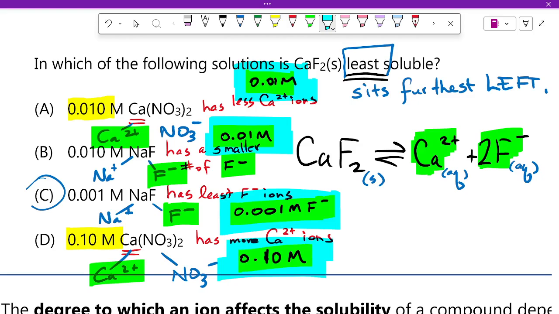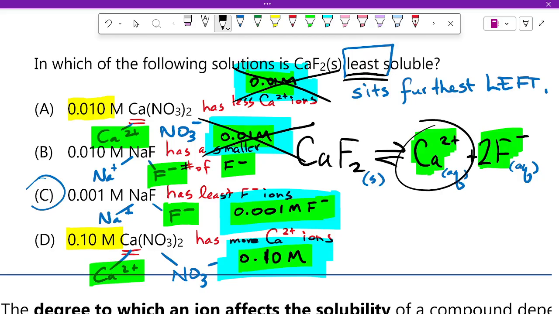Why is that? Because they're the same concentrations. And not only are they the same, they are in the middle. So now you need to think to yourself, is it going to be a big concentration of calcium that makes it most insoluble, or is it going to be a small concentration of fluoride that makes it the most insoluble?